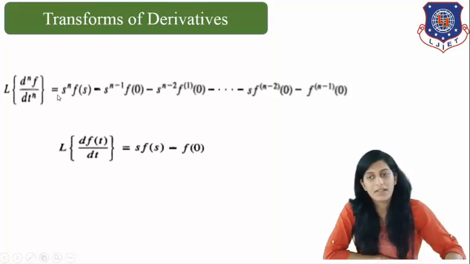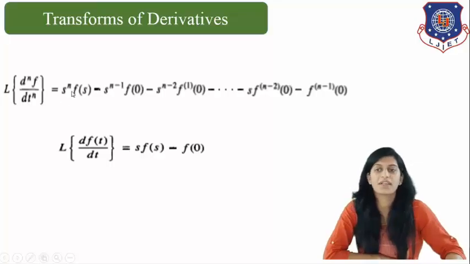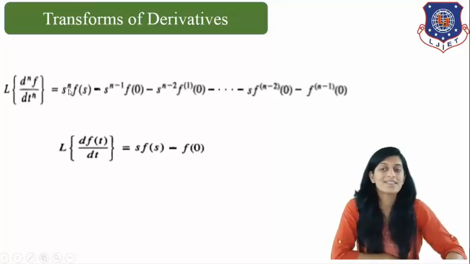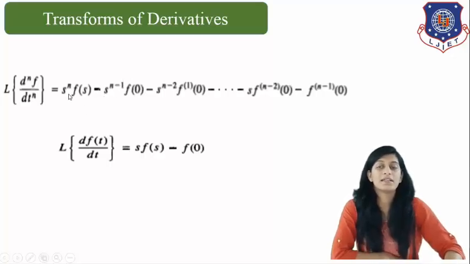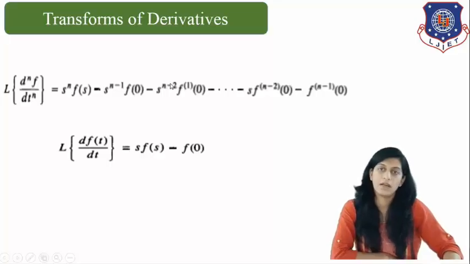then Laplace of nth order differential equation can be written as s raised to n, that is power which is equivalent to the given order. So s raised to n f of s minus s raised to n minus 1. Now you will simply reduce the power of s, right?